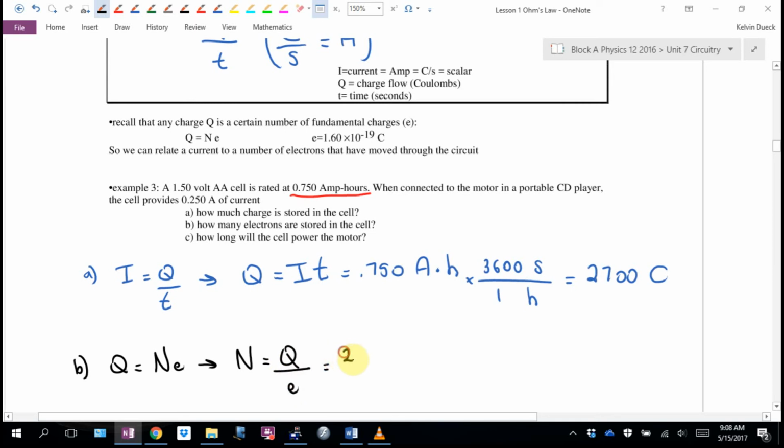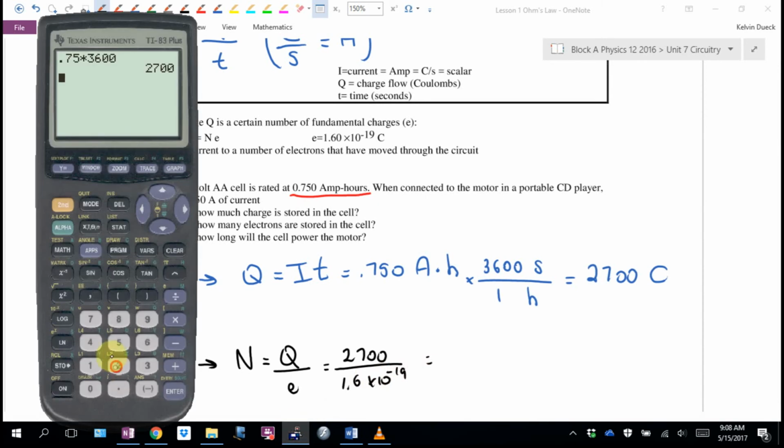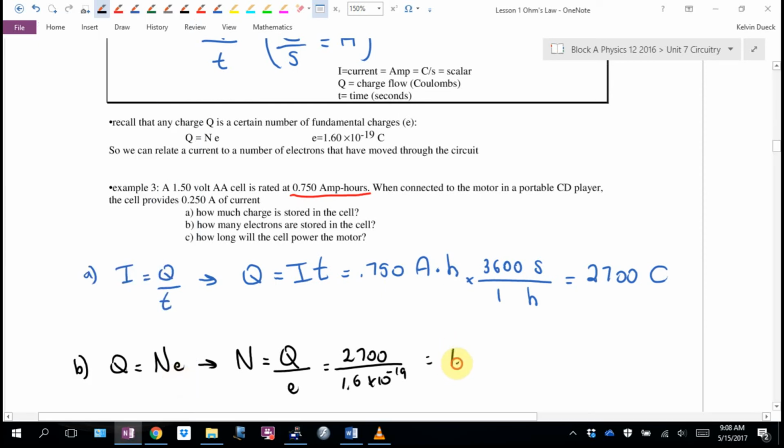It's going to be 2,700 divided by 1.6 times 10 to the negative 19. And I get 1.69 times 10 to the 22 electrons.